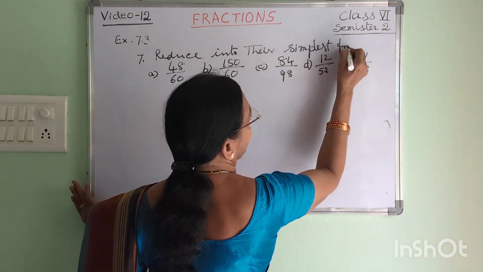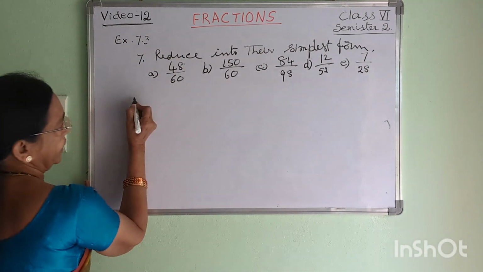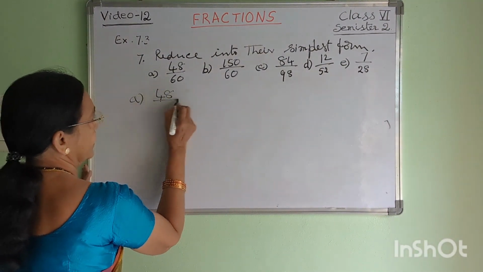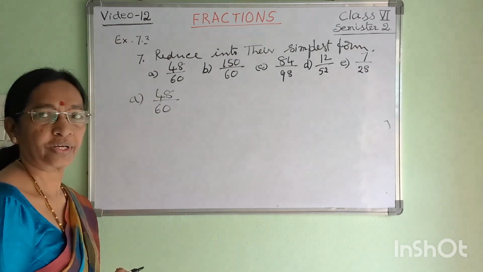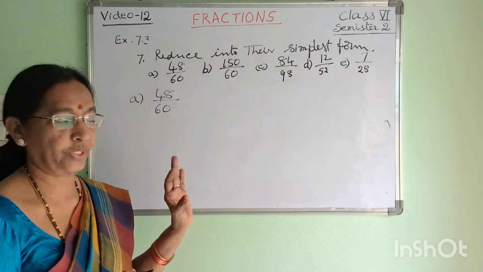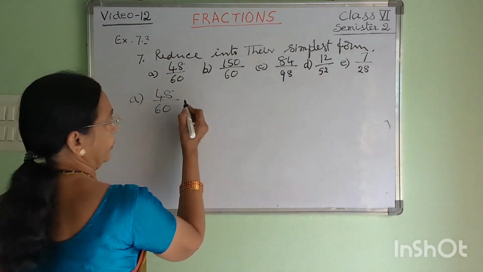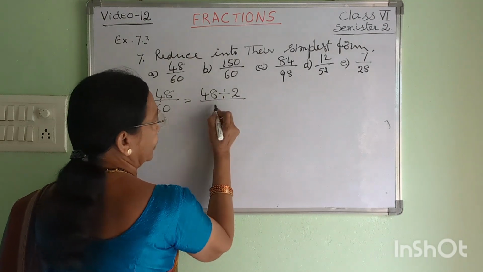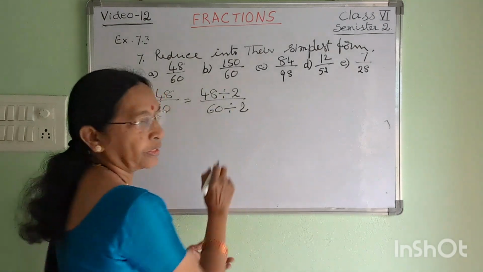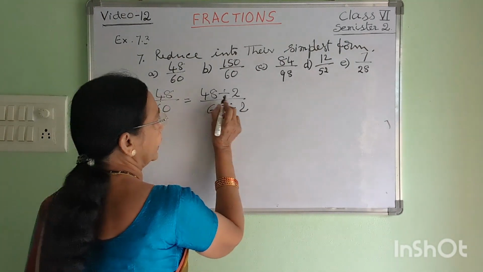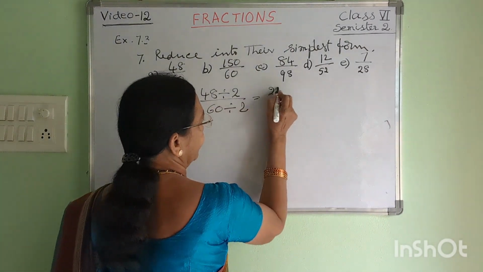So first we take the first one, 48 by 60. Both are divisible by 2. Therefore, we will divide both the numerator and denominator by 2. 48 by 2, 24.